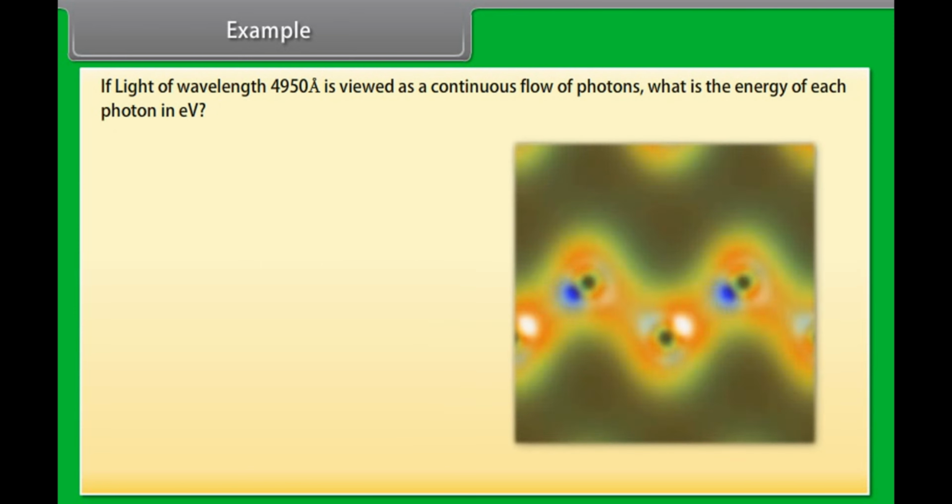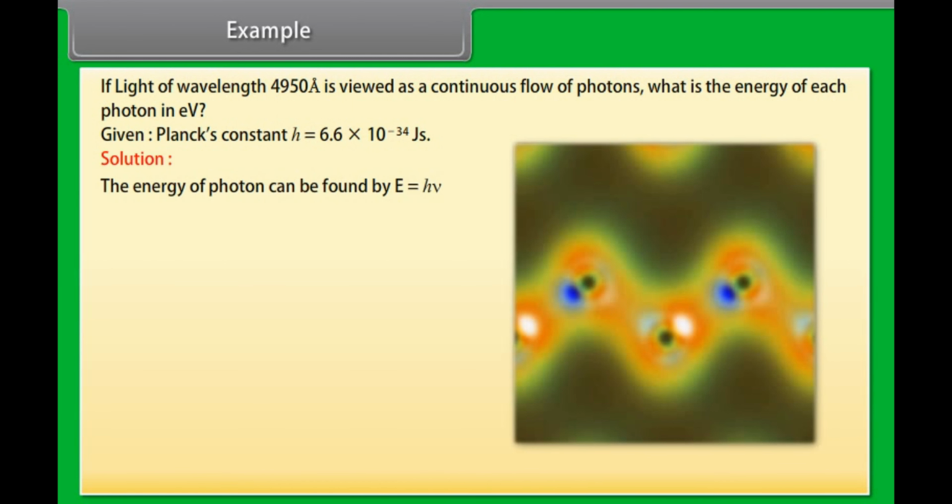Example: if light of wavelength 4950 angstrom is viewed as a continuous flow of photons, what is the energy of each photon in eV? Given Planck's constant h as 6.6 times 10 raised to the power minus 34 joule second. Solution: the energy of a photon can be found by E equals h nu, E equals hc by lambda, call it equation 1. c is the speed of light, which is 3 times 10 raised to the power 8 meter per second.